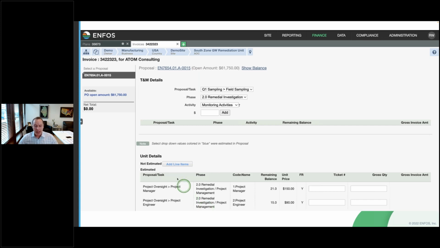Okay. Now, down here, we see, again, the tasks and the phase and activity, and then these were the unit items. Now, believe me, we have had some customers who want to control spend at that line item level, even though they may have money left in that overall work commitment.